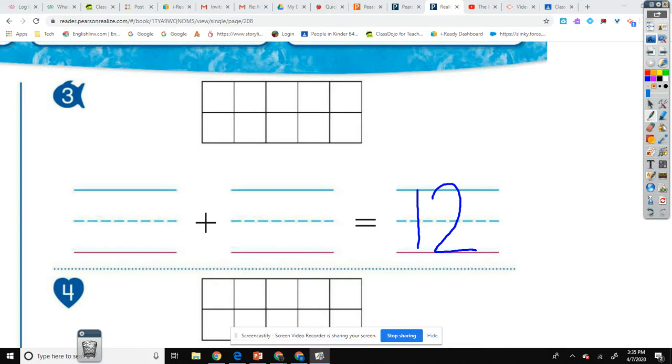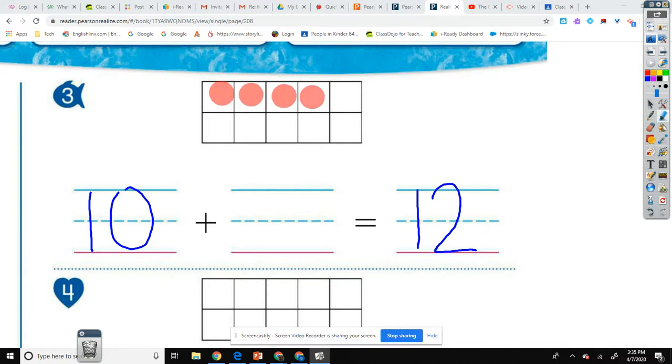And then you need to do a number sentence with the 10 frames. So first you got to have a 10 because we're working with 10 frames. All right, so then you're supposed to draw a picture, I believe. So let's do the picture first.